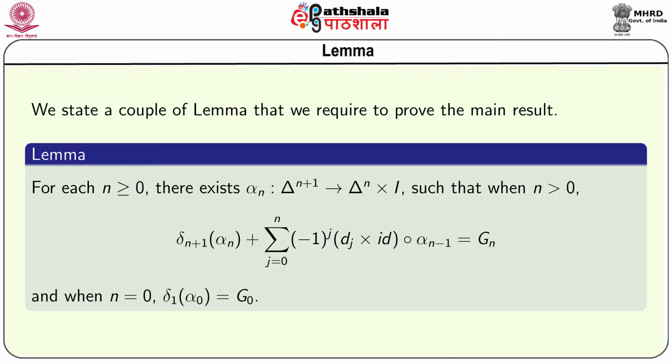For each n greater than or equal to 0, it can be shown that there exists alpha n from delta n plus 1 to delta n cross I, such that when n is greater than 0, delta n plus 1 alpha n plus summation j equal to 0 to n minus 1 of minus 1 to the power of j dj times identity composed alpha n minus 1 is equal to Gn. And when n equal to 0, then delta 1 of alpha 0 is equal to G0.